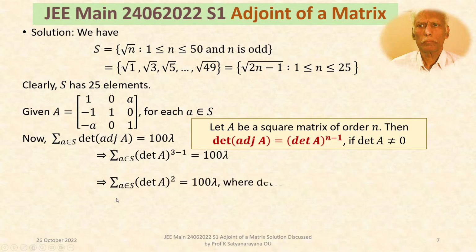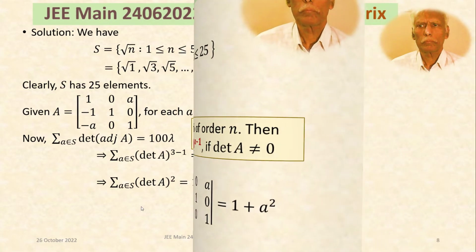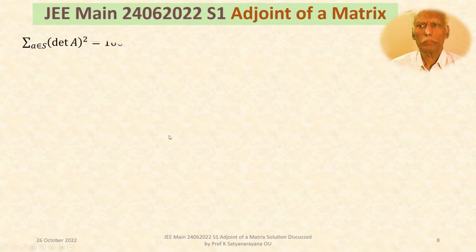That is, sum over a belonging to S of determinant of A squared is equal to 100 times lambda, where the determinant of this matrix, 1 0 a first row, -1 1 0 second row, -a 0 1, expanding by means of the first row, we get 1 times 1, and 0, leave it, and a times plus a. So a times a is a squared. That means we will get 1 plus a squared. So the determinant of A is 1 plus a squared. Substitute here. We continue in the next slide.